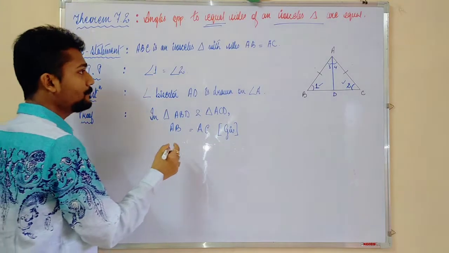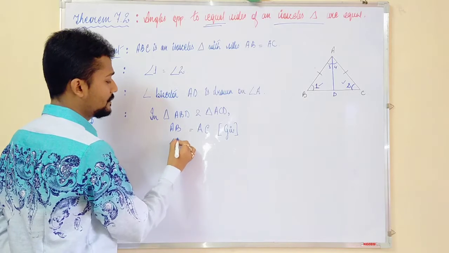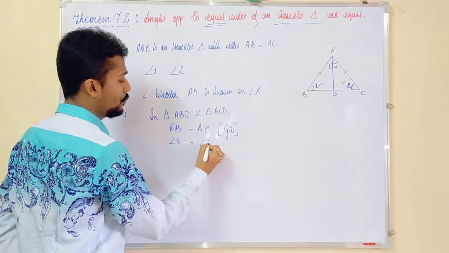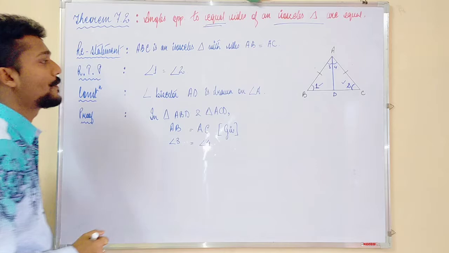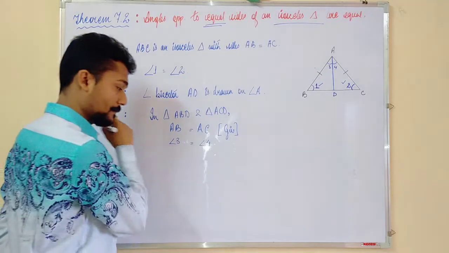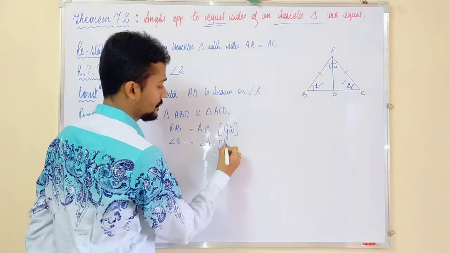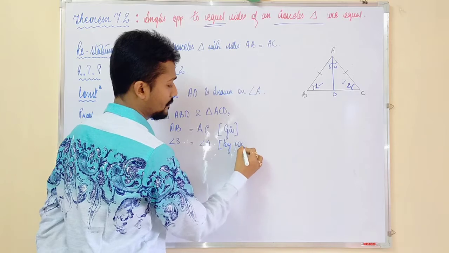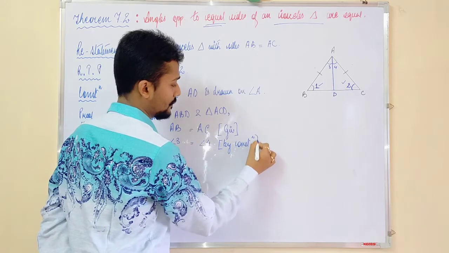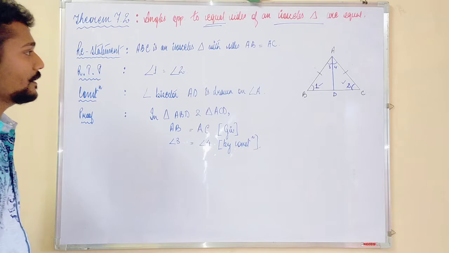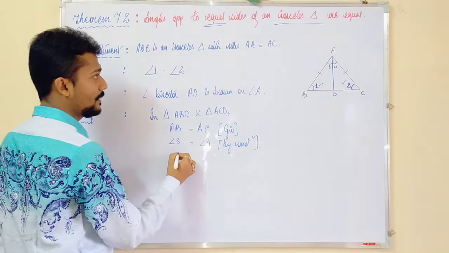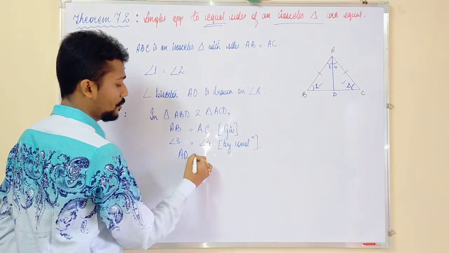Okay, then angle 3 is equal to angle 4 by construction. Okay, then AD is common.